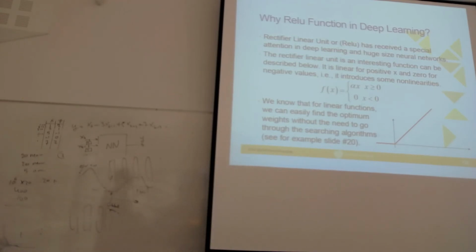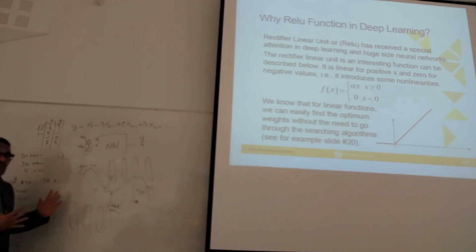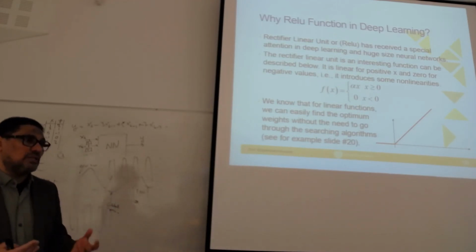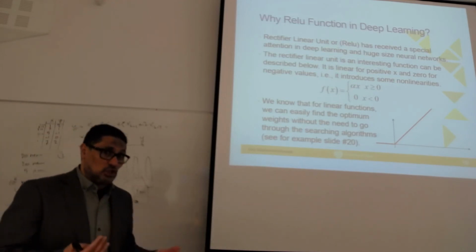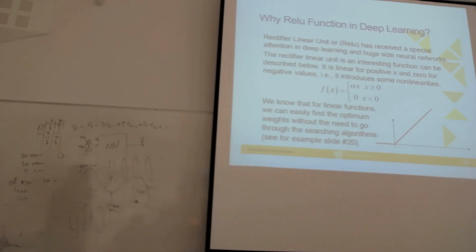Anyhow, why is this rectifier linear function widely used in deep learning? As I said, in deep learning we have a lot of layers, a lot of weights, so we need to do a lot of computations. Maybe the best way from the computation point of view is to have a linear network.